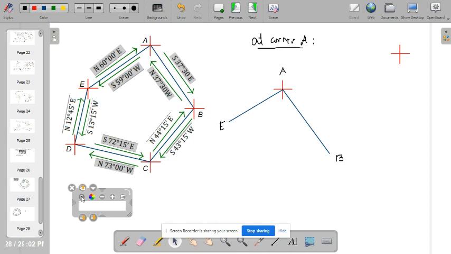Step one is you're going to draw the figure. Step two now is you have to compute for the interior angle.